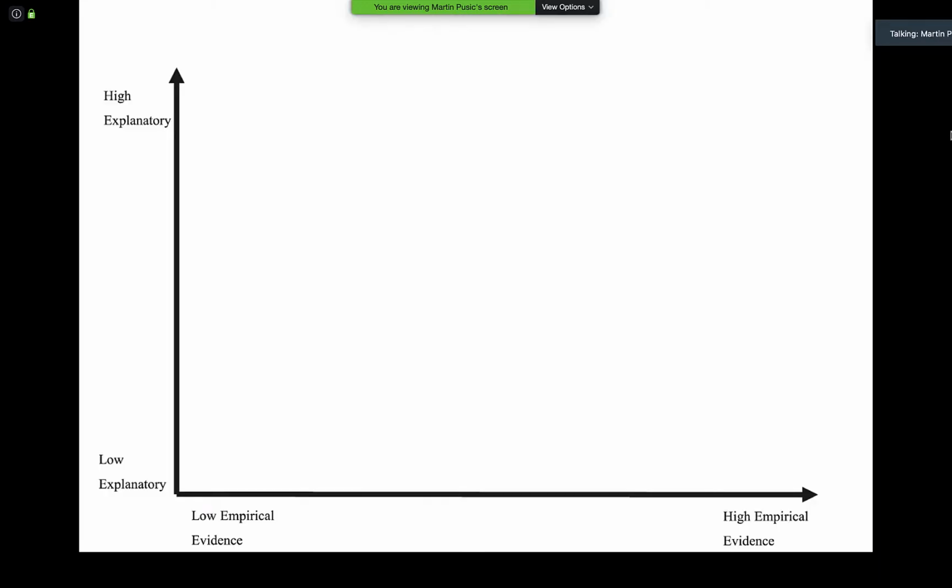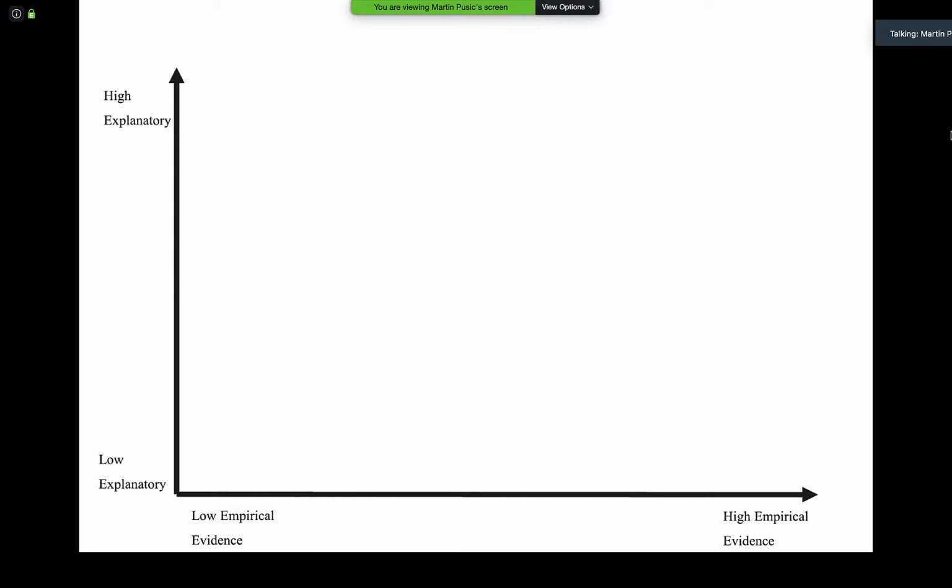Here's a grid that points to some of the trade-offs in theories, and our evidence for why we do things the way we do things can be laid out on this grid. On the horizontal axis we can go from not having very much empirical evidence to having tons of empirical evidence as to why the world works the way it does.